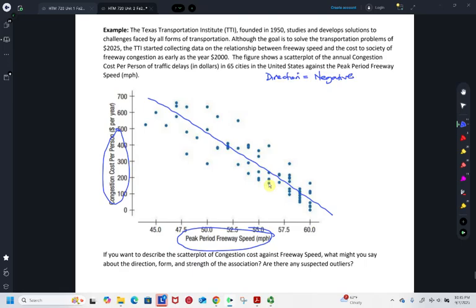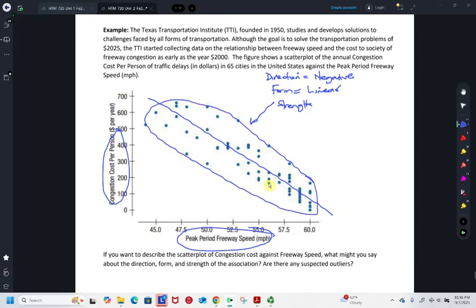These two are negatively associated, which means an increase in one tends to be associated with a decrease in the other one. Then about the form of the relationship, this is approximately linear. What about the strength of the relationship? That will be a function of how clustered together these points are. So I would say reasonably strong.